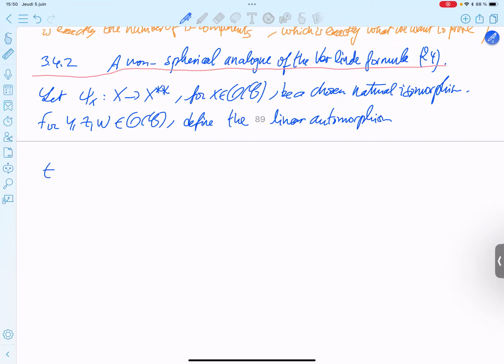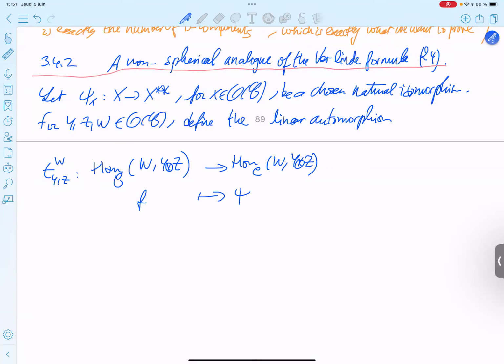So T_{Y,Z}^W, from this multiplicity space of W in Y tensor Z to itself, and to some morphism here, you map something like that.